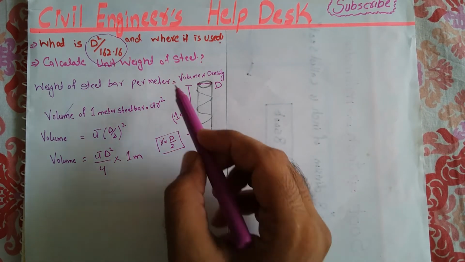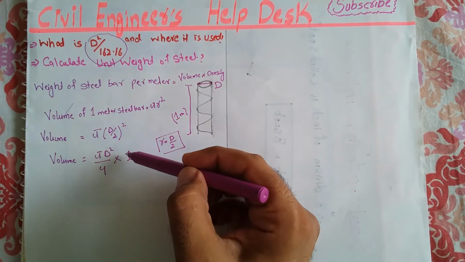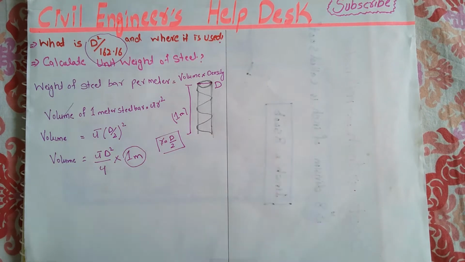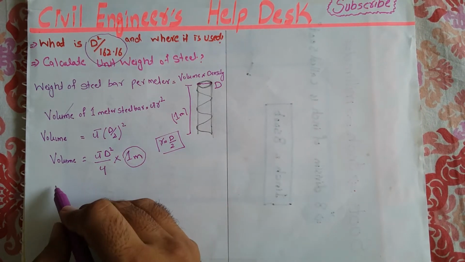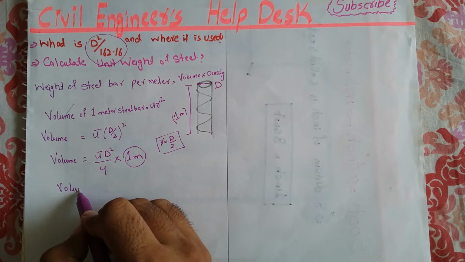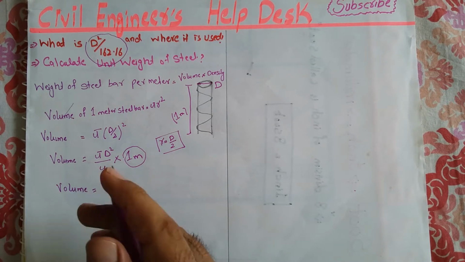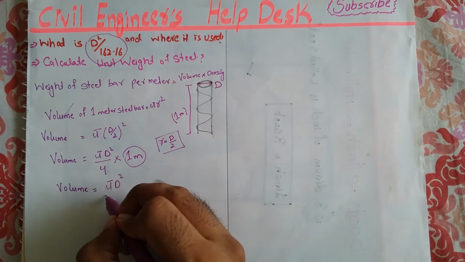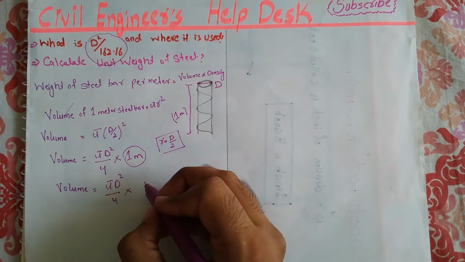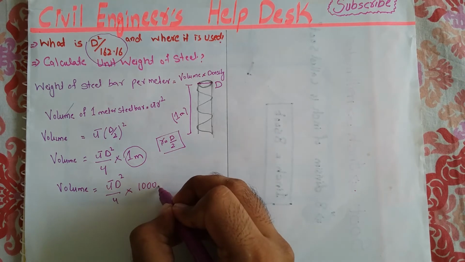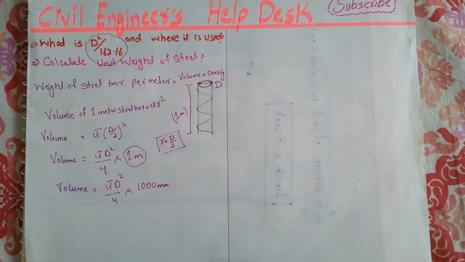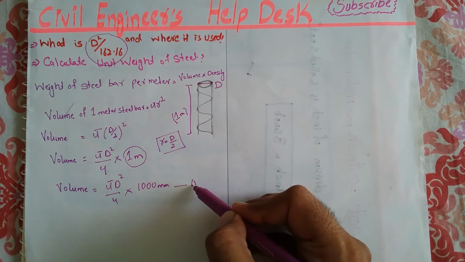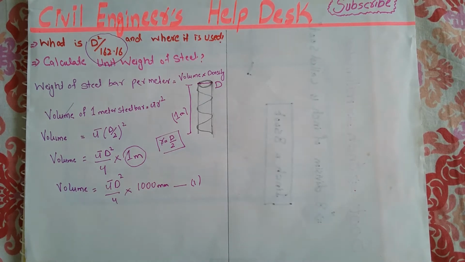So if we use diameter in mm, we cannot use 1 meter, so we have to convert this meter into millimeter, because we are working in millimeter in this derivation. Pi d square divided by 4 multiplied by 1 meter, which is equal to 1000 millimeter. So here we have calculated the volume of 1 meter steel bar.